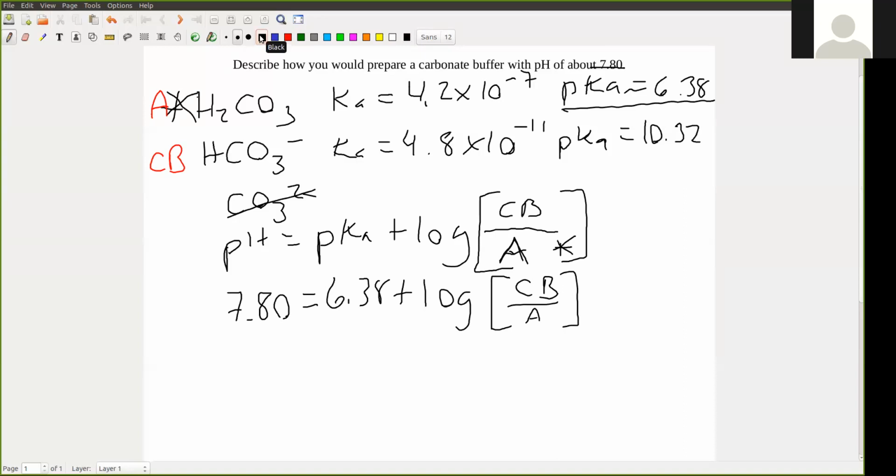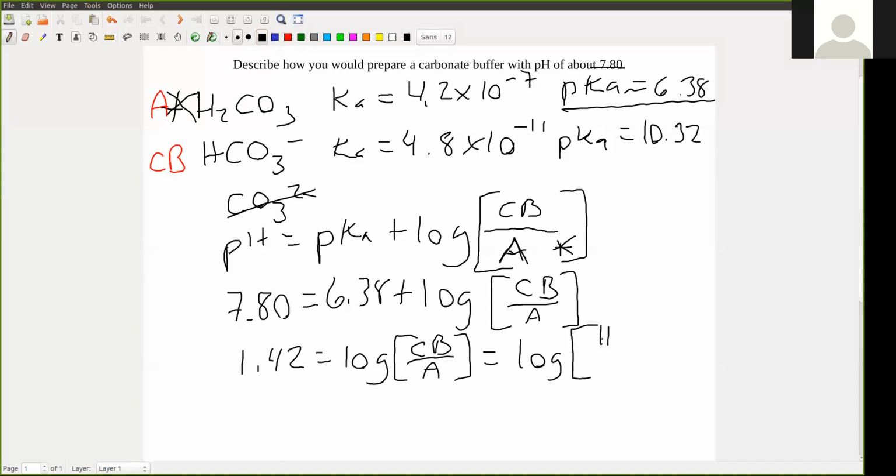So if we subtract 6.38 from 7.8, we end up with 1.42, which is equal to the log of the concentration of conjugate base over the acid, which would just be the log of HCO3 minus over H2CO3.